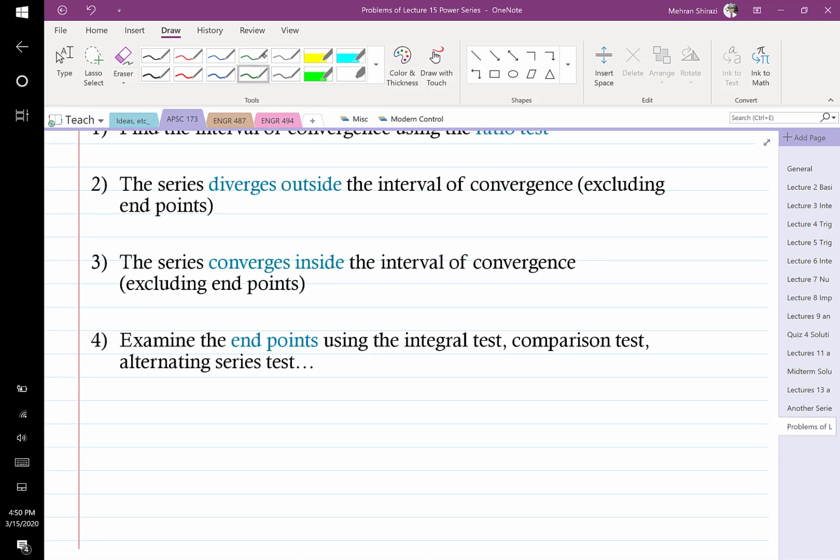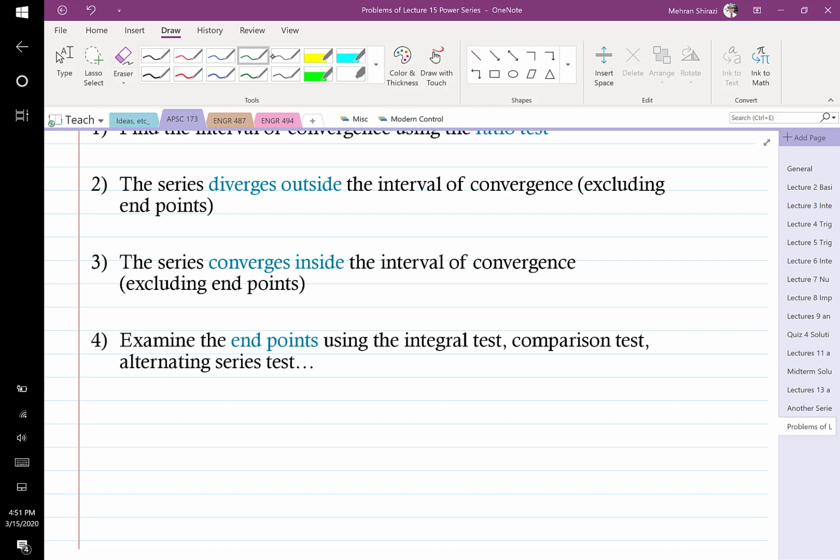So I'm going to practice this in questions on power series. The question in the assignment says find the series radius. If we have a center, the distance from the center to the right side or left side of the interval is the radius of the interval. And the question also asks for what values of x the series converges, absolutely or conditionally.